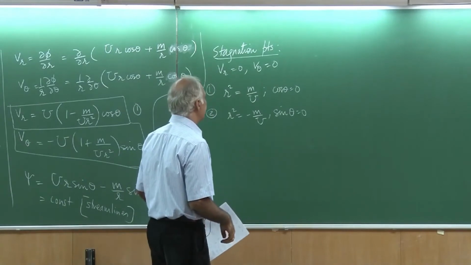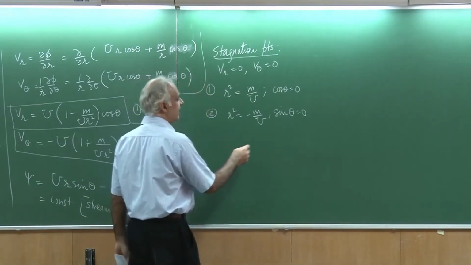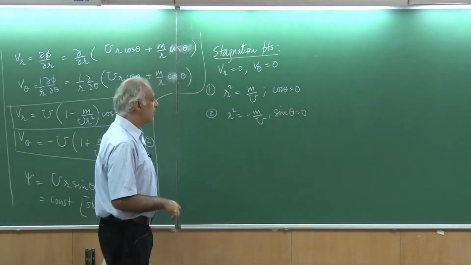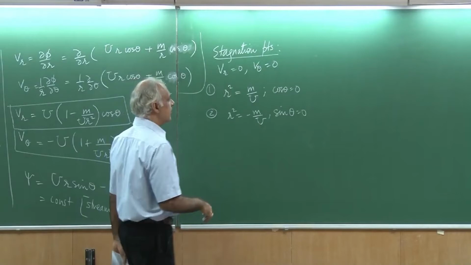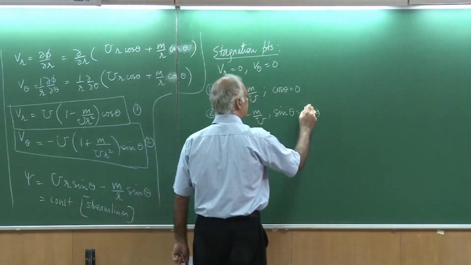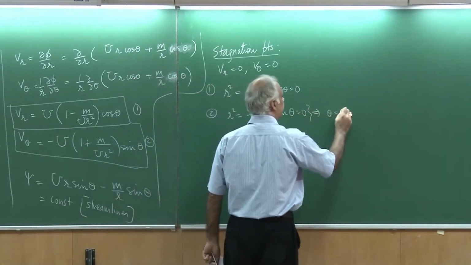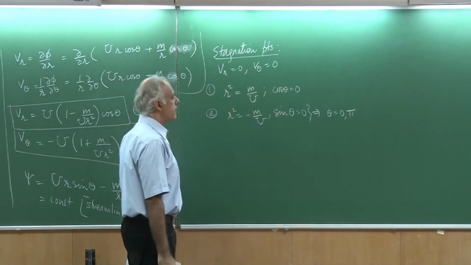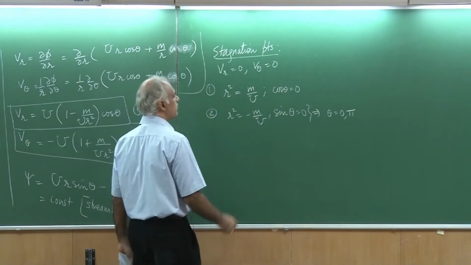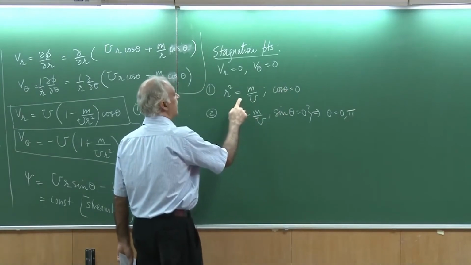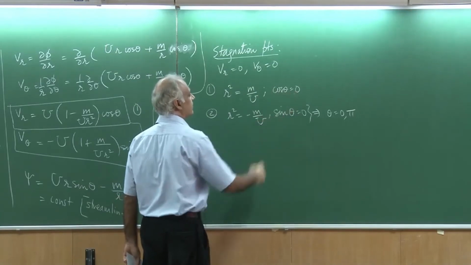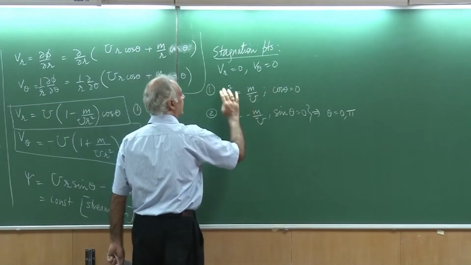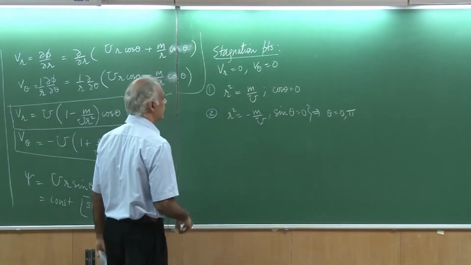Okay. So, clearly from this we can see that sine theta must be 0. Obviously, you cannot have r square to be minus m by u. Okay. So, if sine theta is 0, then this condition implies that theta is equal to either 0 or pi. And clearly, if I put theta equal to 0 or pi, then of course, I do not have cosine theta equal to 0. So, this condition I do not use, and I get r square equal to m by u.